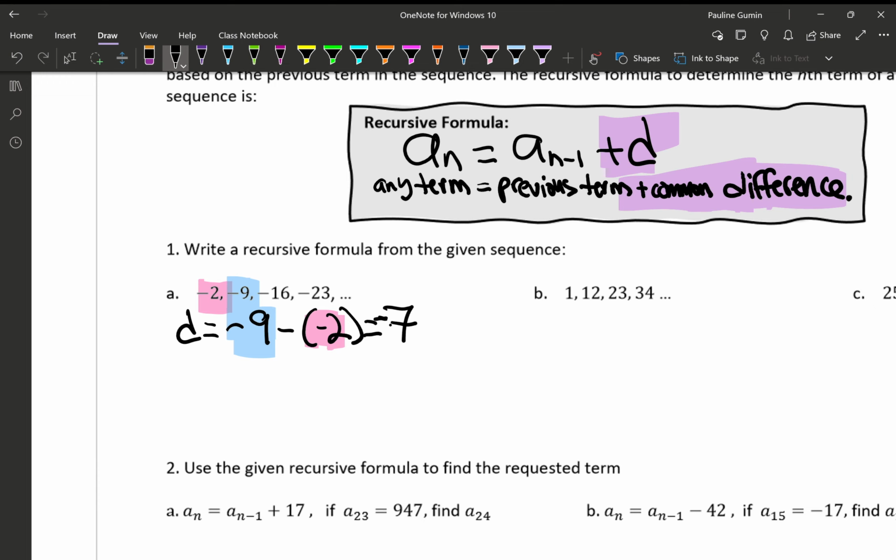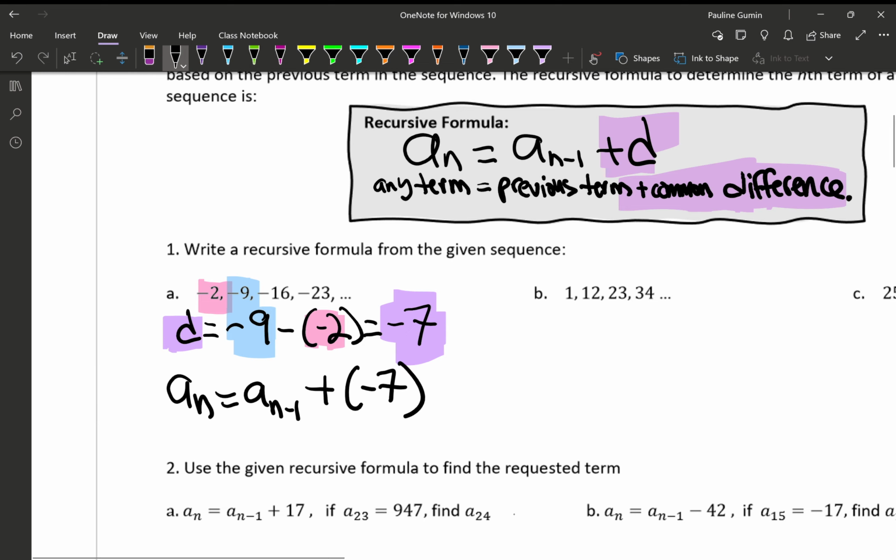I don't know why I just said positive. See, that's why we've got to use a calculator. Sometimes our brains go, oops. So our common difference is negative 7. Let's write the formula: a_n, we can find any term by taking the previous term and adding negative 7. That's our formula.